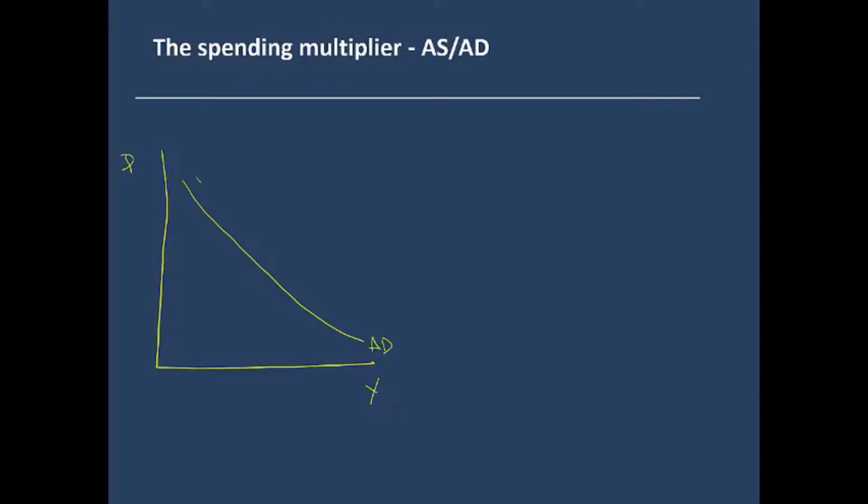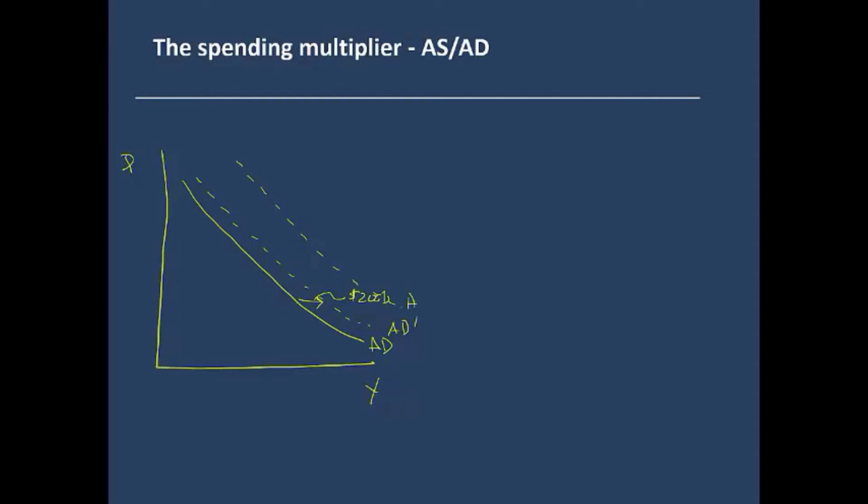And if we had just the initial value of the shock, aggregate demand would increase this amount, $200 billion. But because of the multiplier, aggregate demand is going to increase a lot more.